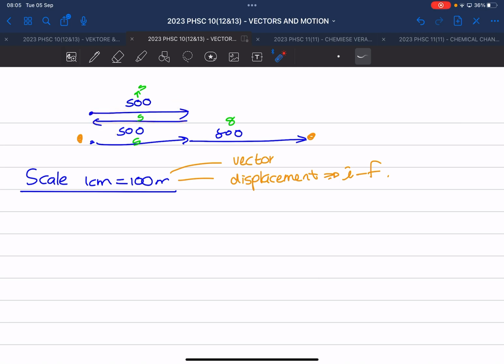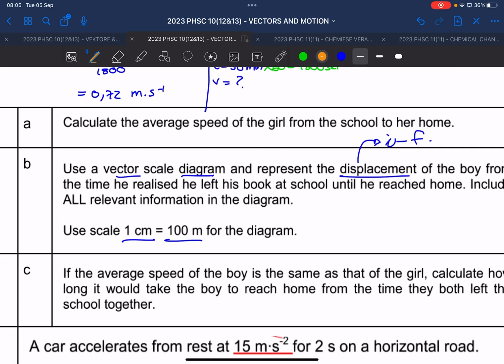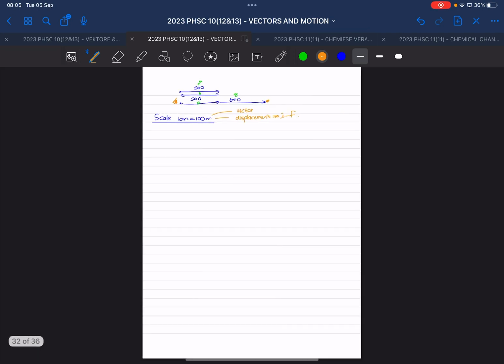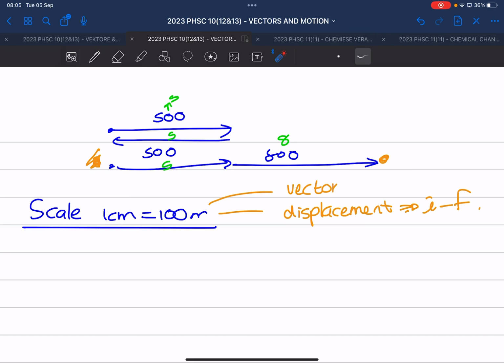No. Oh, wait. I didn't read the question out loud. No, that is not his start. The question says, from the time he realized he's left his book at school. Where did he remember he left his book at school? There. There he realized he's left his book. So that one is out.